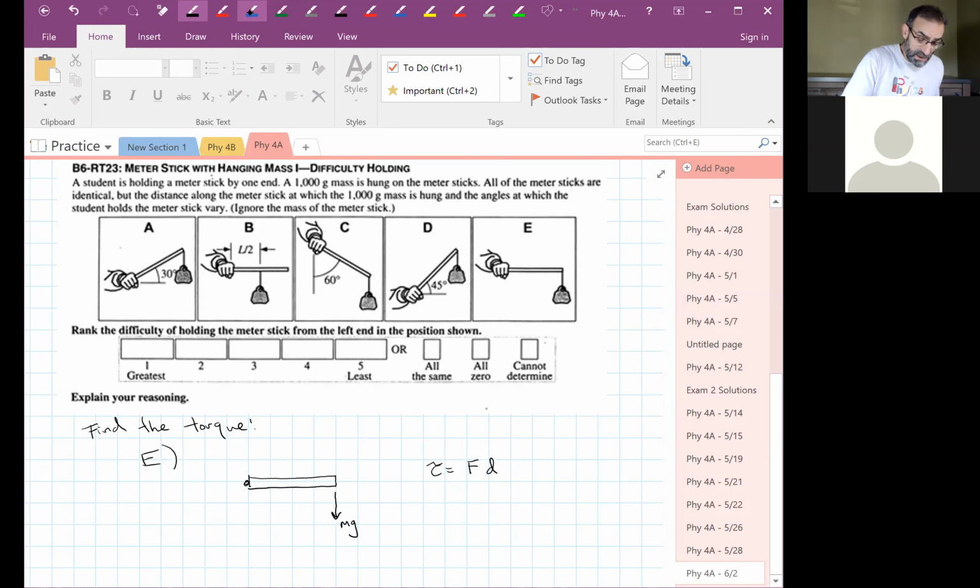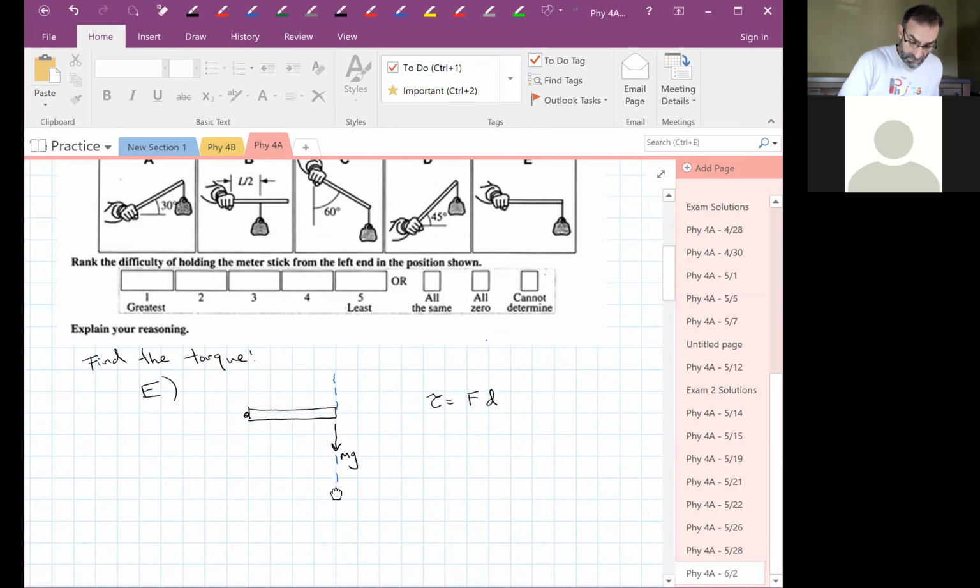And if we extend the line of force, find that perpendicular distance to the axis of rotation, that's our lever arm.